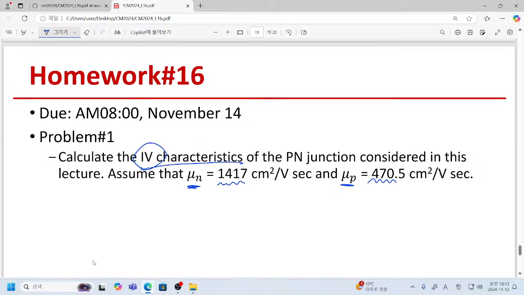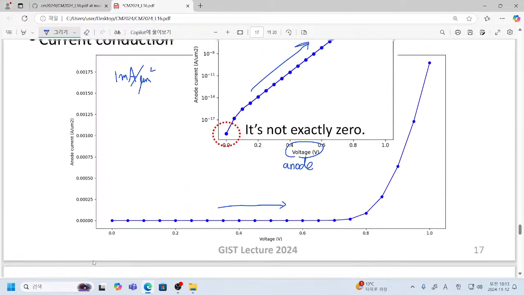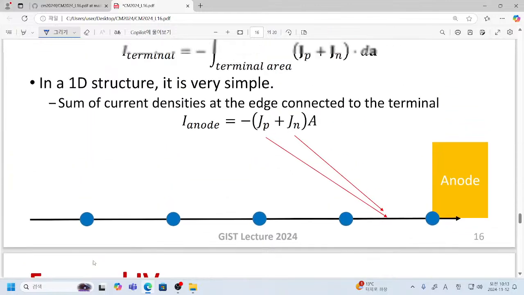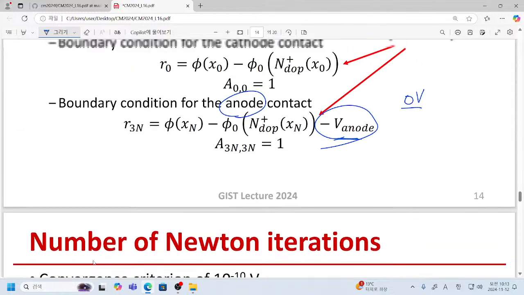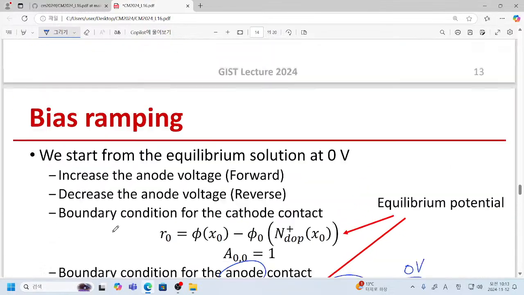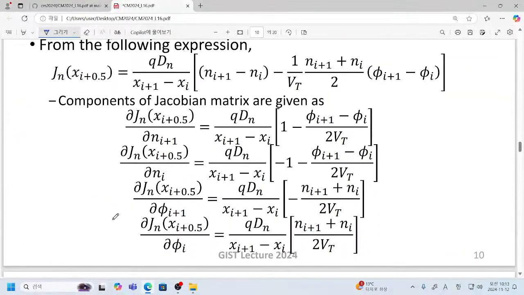So for example, if you want to know the correct form of the Jacobian matrix, then please have a look at, yes, you can find this one. This corresponds to, for example, only J sub n. However, you can also find similar expressions for J sub p, and please try to implement it.